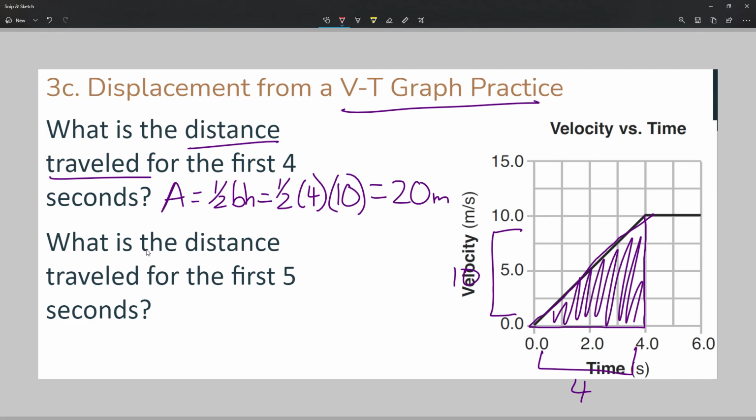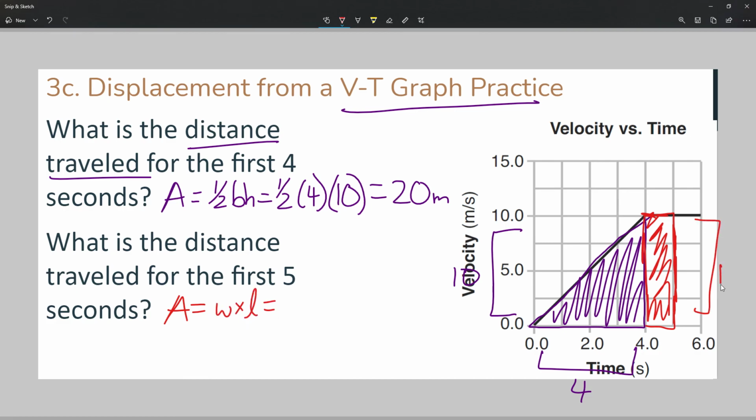The second question was, what is the distance traveled for the first 5 seconds? Since we already calculated the area of this triangle, we don't have to do it again. They want the first 5 seconds now, so they want all the way up to here. The only thing we need to do is calculate the area of this rectangle and add it to our triangle. The area of this rectangle is width times length.